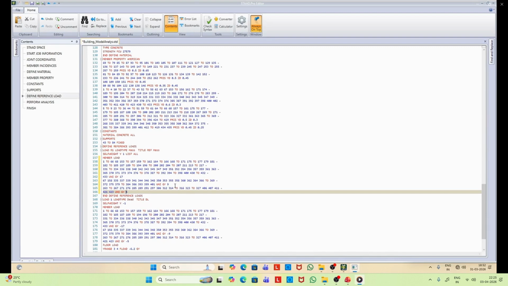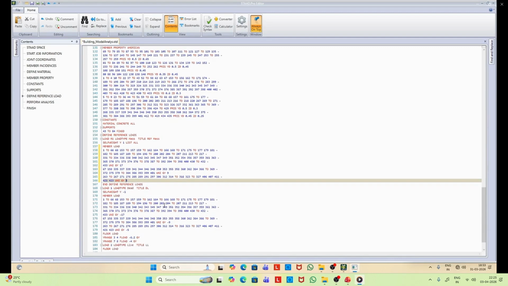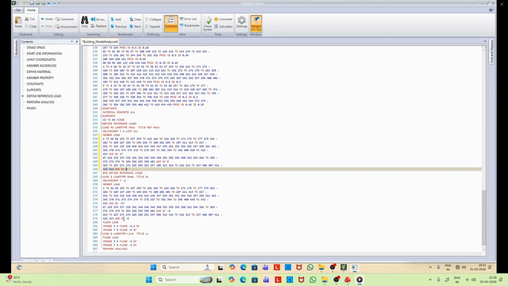First we selected one beam and wrote this text file where we have the command for defining reference load, and then we modify it very easily here. Once we go back to the main GUI, you'll see all these loads are applied, right?